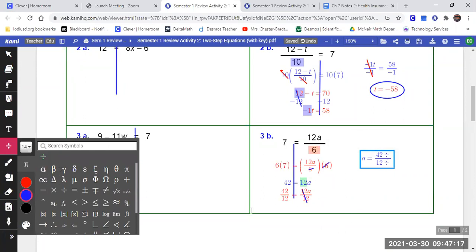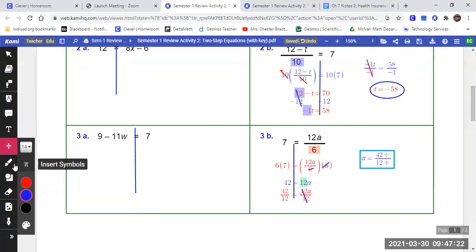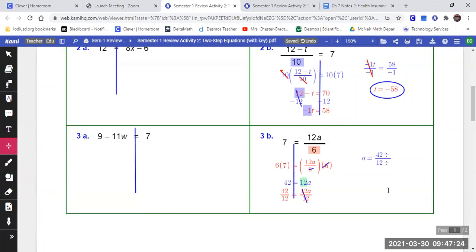So what can 42 and 12 both be divided by? Think of the biggest number that can divide into 42 and into 12.